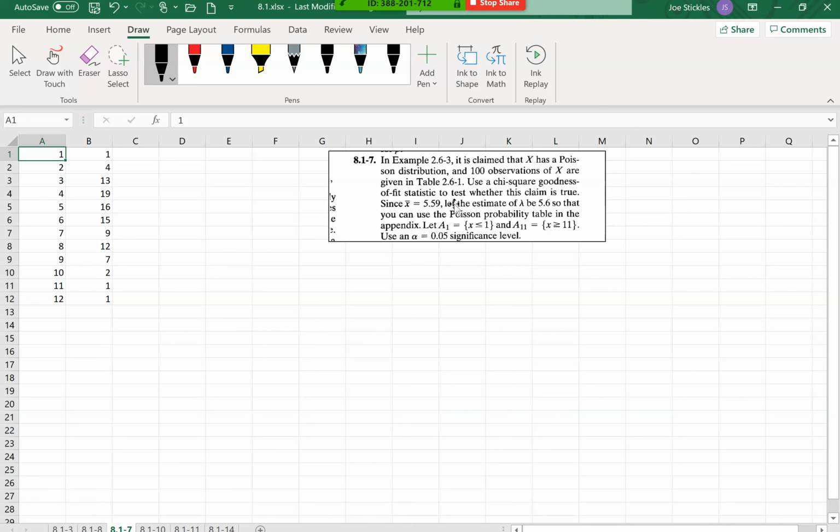We've seen something like that when we estimated the population variance using the sample variance. A multiple of it has a chi-squared distribution on n minus 1 degrees of freedom. You lose 1 because you're estimating the population variance from the sample variance. It's the same kind of concept in these goodness of fit tests. When you estimate a parameter using a sample statistic, you lose a degree of freedom.